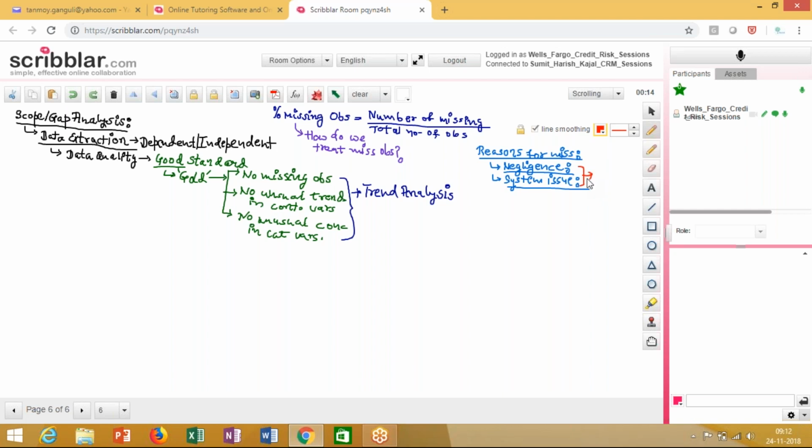So over here, how do you identify or treat these missing values? What matters is under which observation or what kind of variable has the missing values.